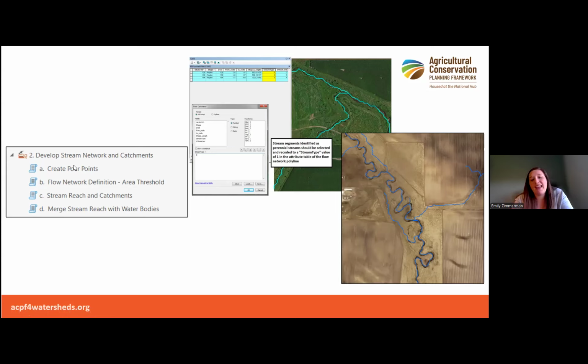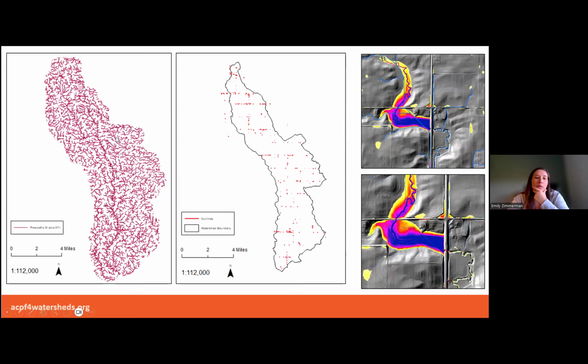Okay, yes. So it's basically a two-step process. So let me go back. One of the steps in DEM prep is to derive these area threshold flow paths.